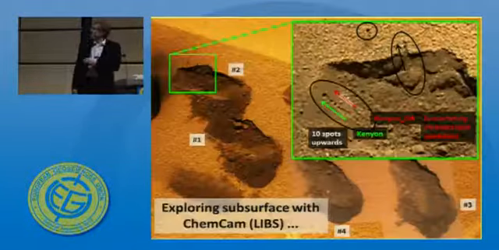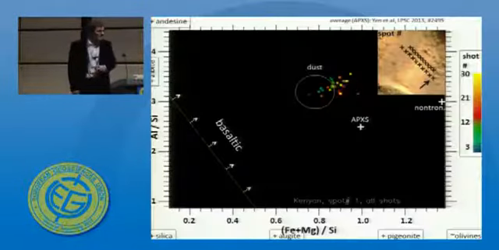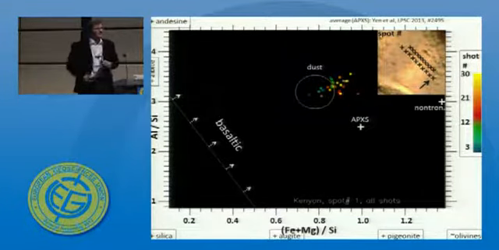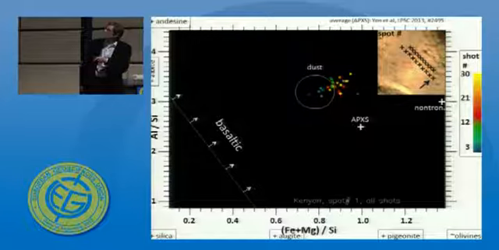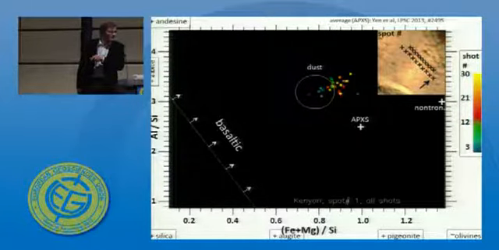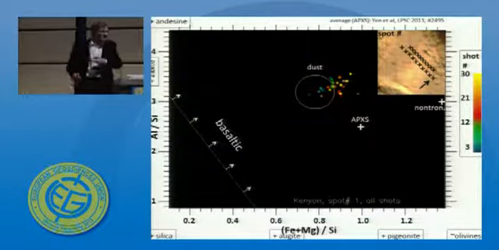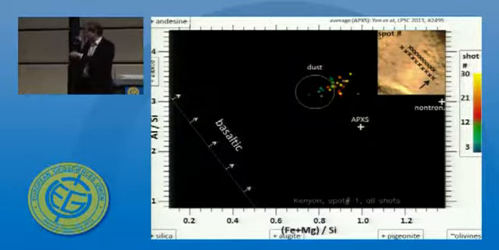So how do I present these two data sets? Well, I chose this diagram: aluminum to silicon on the y-axis as a weight ratio, and the weight ratio iron plus magnesium divided by silicon on the x-axis.